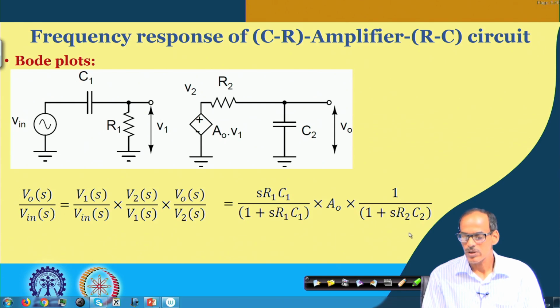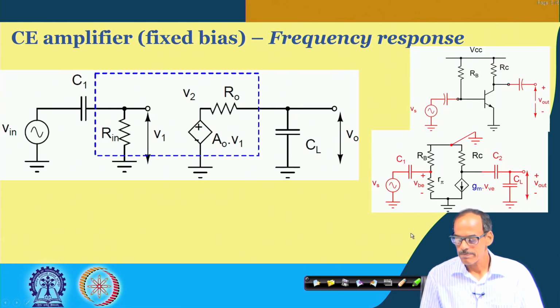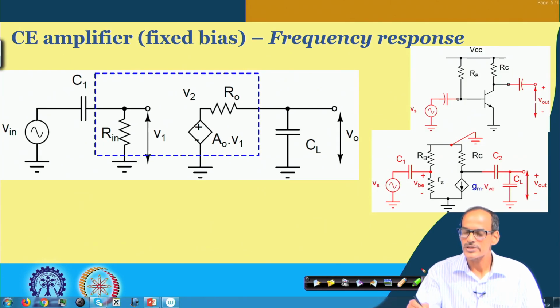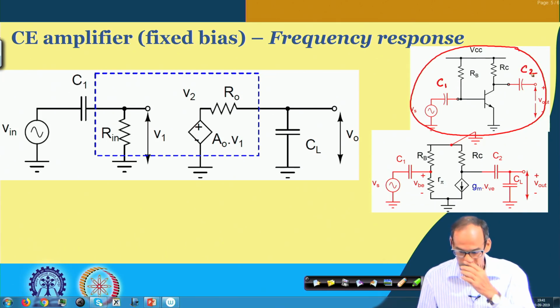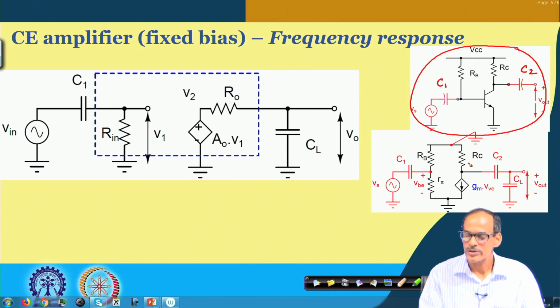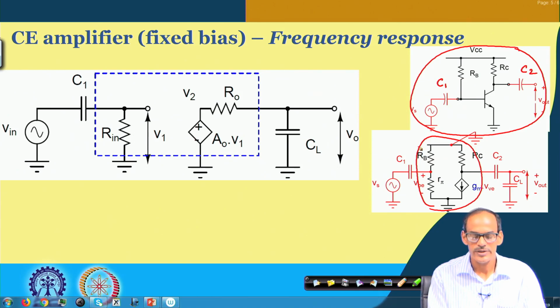Now, again just for a slight recapitulation, recall the fixed bias circuit, where the circuit diagram is given here, with coupling capacitors C 1 and C 2 as signal coupling capacitors. We drew the small signal equivalent circuit of the amplifier, which is basically the core part, and then translated it into this form.